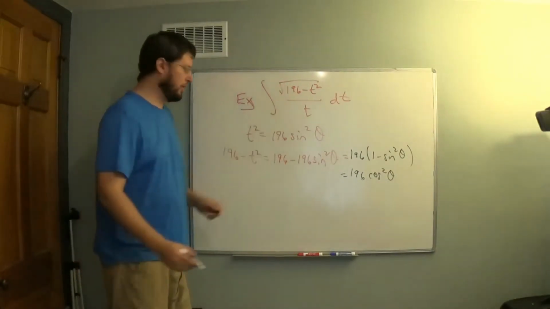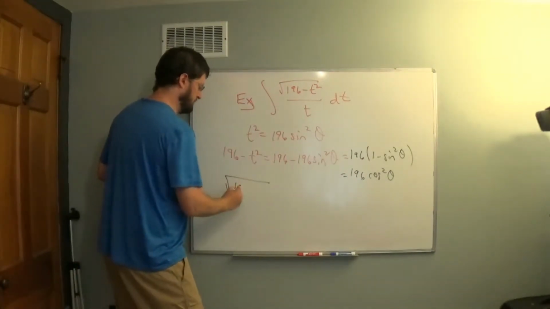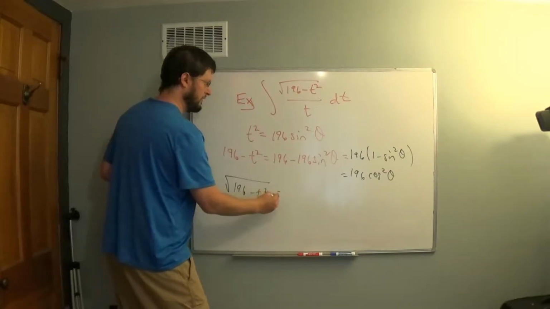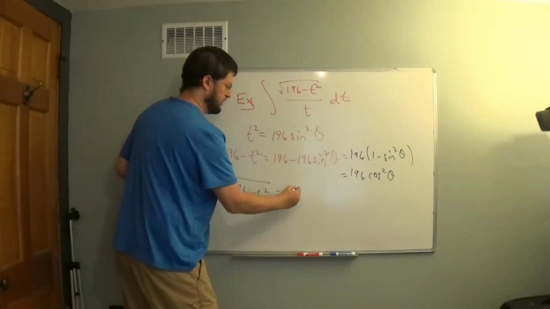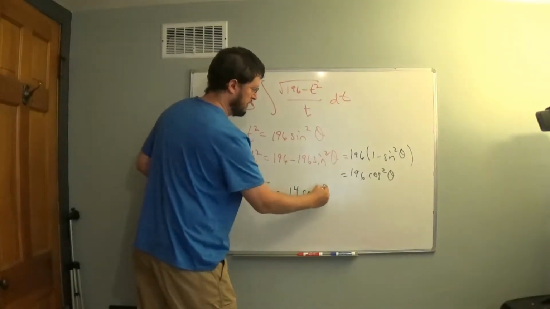We're taking the square root of it, which is, this is 14 squared, so 14 cosine theta.